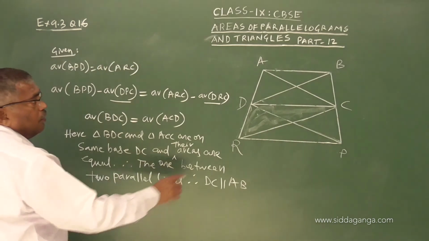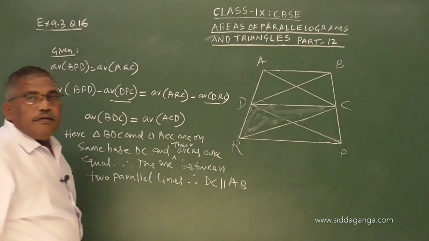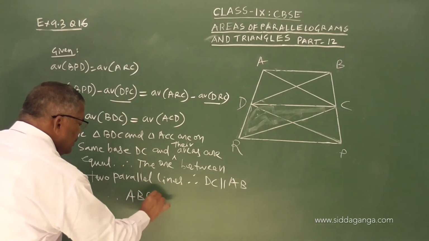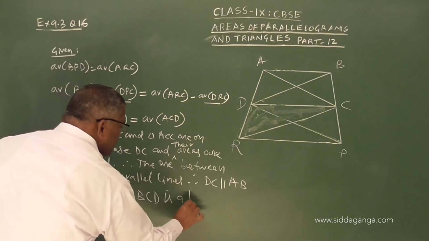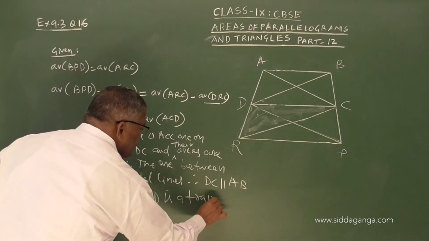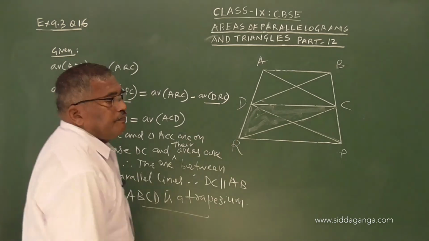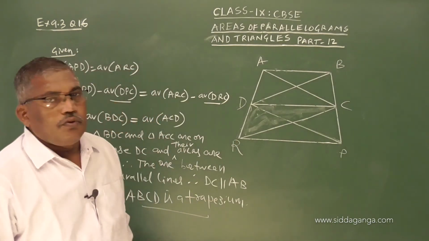So, when DC is parallel to AB, therefore, ABCD is a trapezium. So, hence proved this.